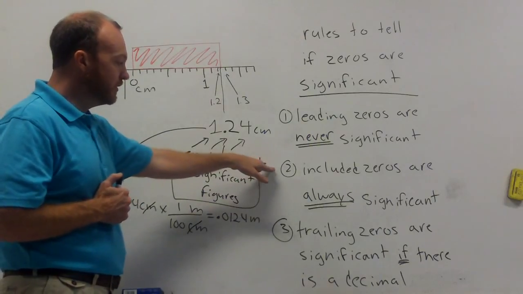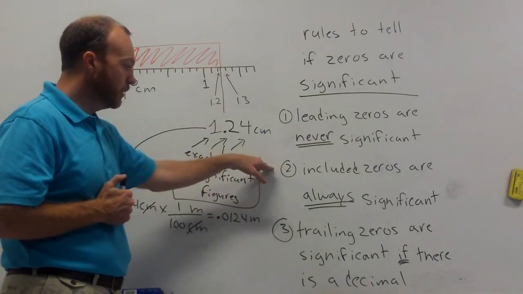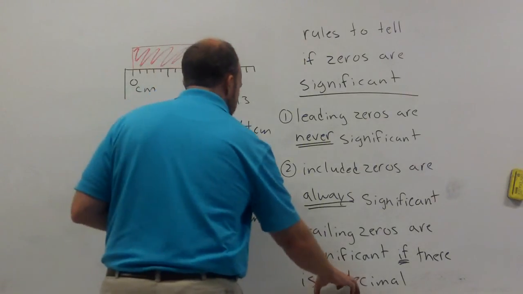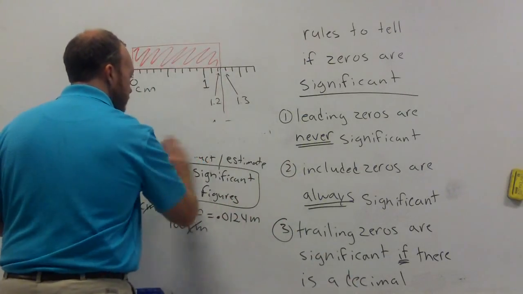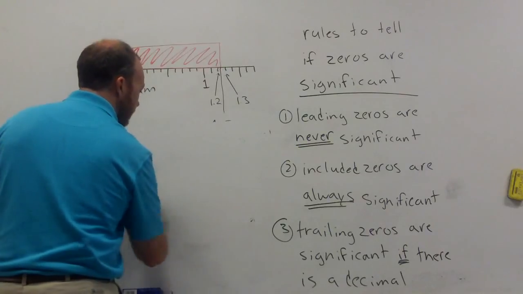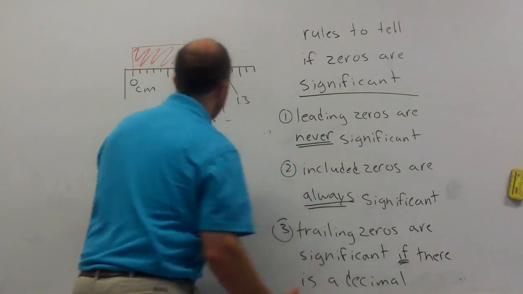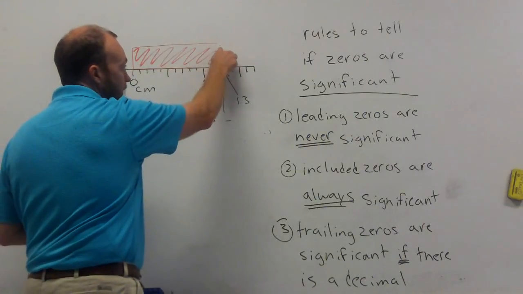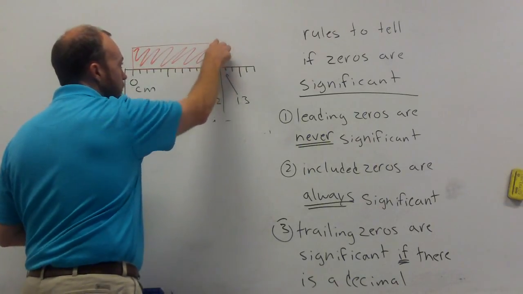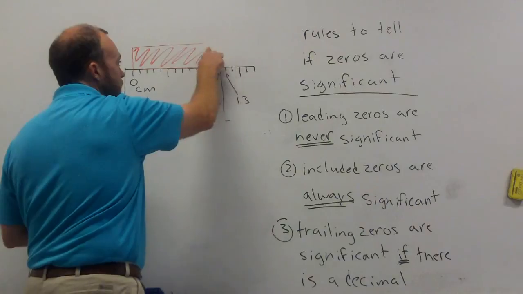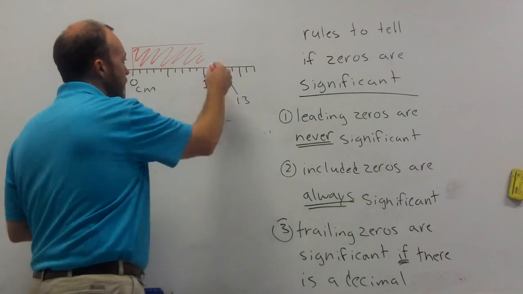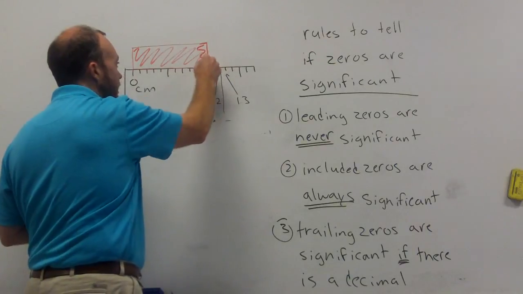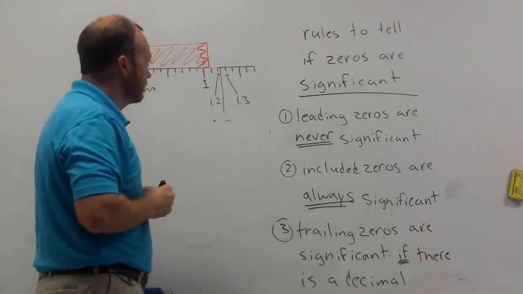Now, to explain these next 2 rules, I'm going to need to look at a different example. So let's go up to our picture and let's slightly change the length of our object. I'm going to make this object shorter. I'm now going to stop my object right there. So let's say we want to make this measurement.